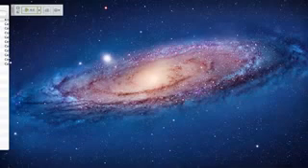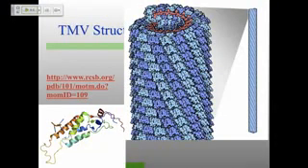So this is the structure that was found much later, after Stanley was able to crystallize the virus. Let's look at it here. This we've actually looked at before. This is the really classic helical structure, tobacco mosaic virus. All of these proteins are bound on the outside of the RNA.